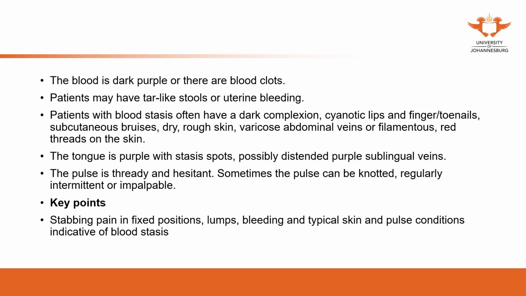The third is blood heat. Blood heat syndrome we're going to introduce in the next slide. Blood heat or blood coldness. If we have excess heat in the body, especially in the blood, the heat is going to concentrate the blood. The blood will be concentrated, and then it will cause blockage because the concentrated blood will be sticky.